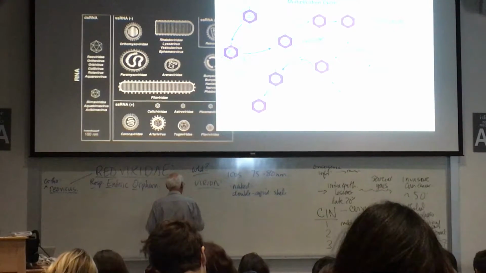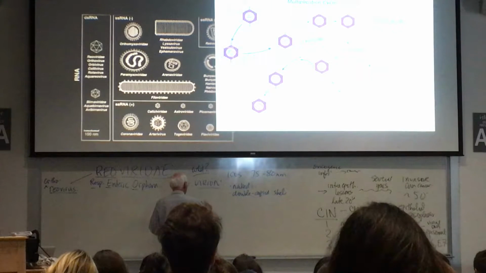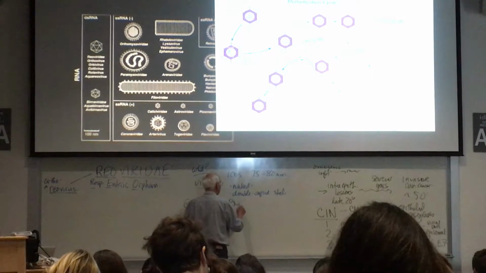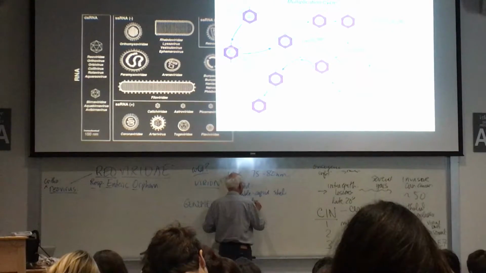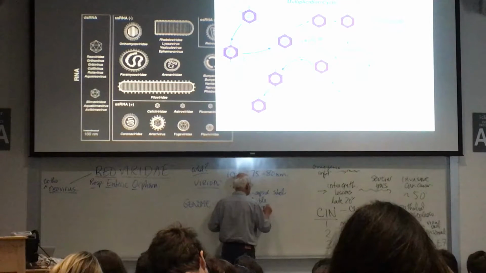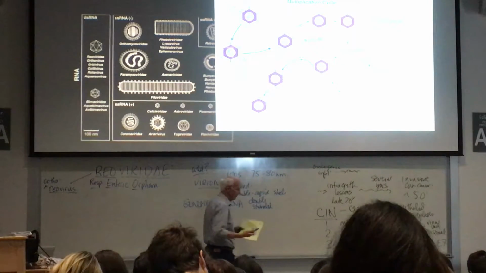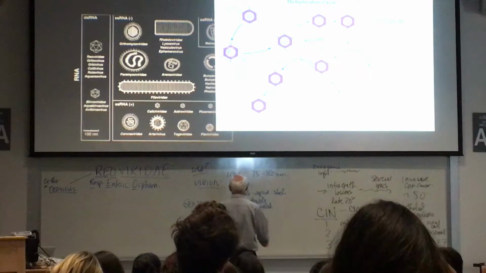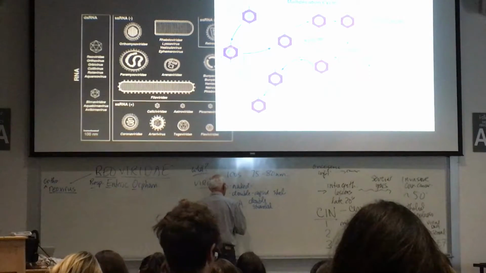The genome of these viruses is RNA, but as I said, it's double stranded. It's the discovery of double-stranded RNA as a naturally occurring molecule. And furthermore, the genome is segmented.